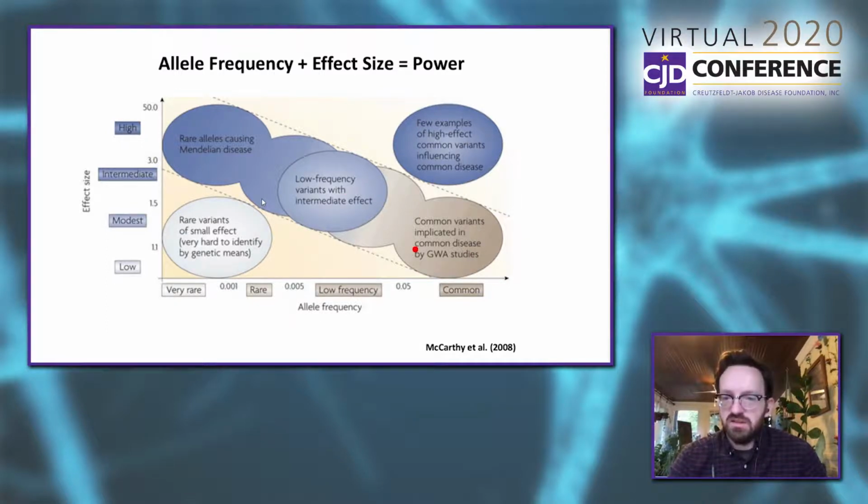And GWAS, so genome-wide association studies, sort of fall in this category where they're high frequency, but they only confer a very mild risk increase to patients. And sort of where we find ourselves in a lot of our genetic associations is in this middle range, where we are trying to identify somewhat rare variants that contribute a little or a lot to disease susceptibility, but aren't necessarily causative.